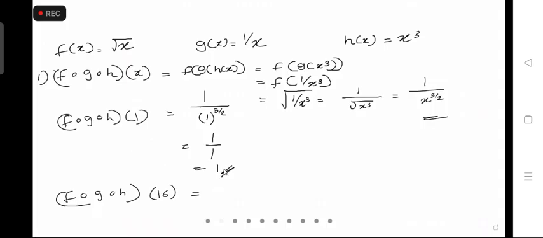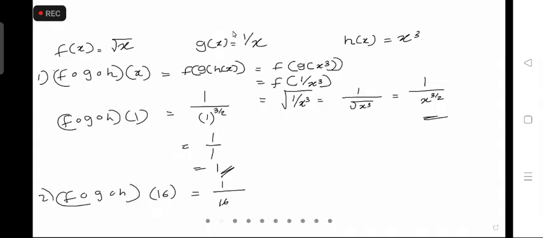Tell me the answer for it. So I need to find out the value at the point 16 for this operation. Can you give the answer for it?